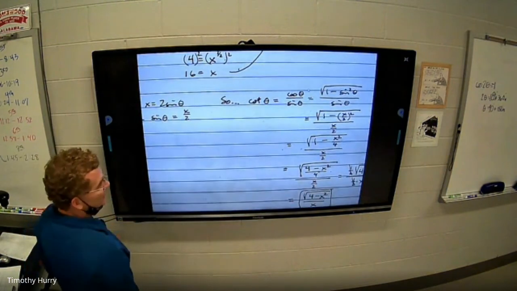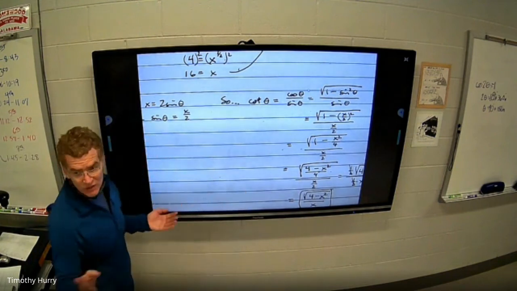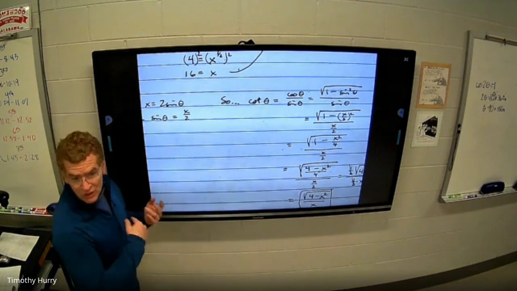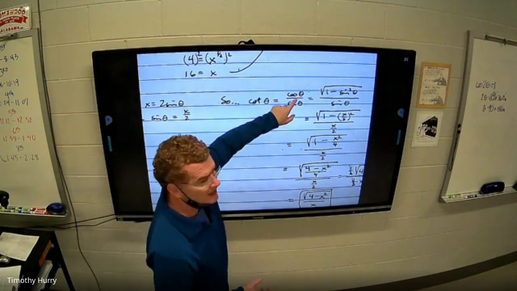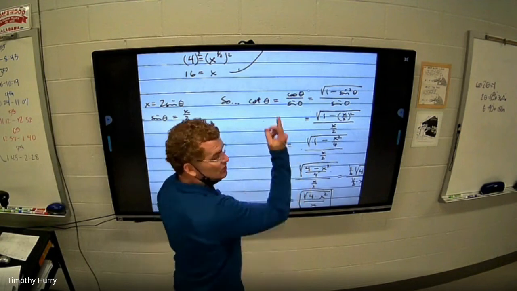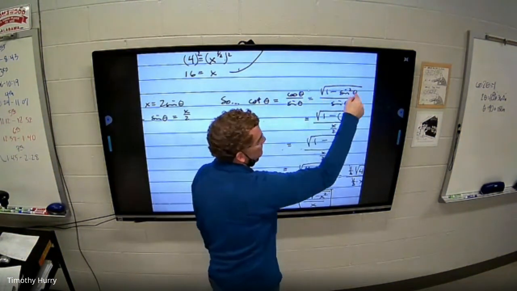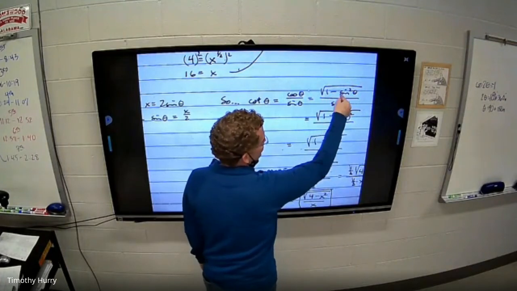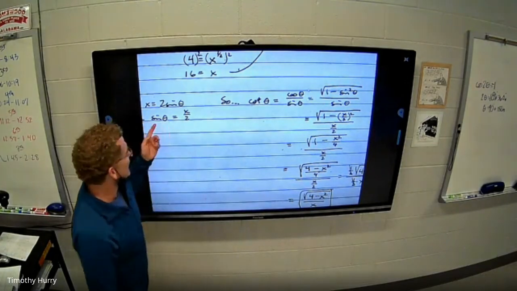So really, if I can write it in terms of sine, which I can, cosine over sine. And then I use the Pythagorean identity, which was cosine squared plus sine squared equals 1. I subtracted the sine squared and took the square root of both sides. So that's the cosine value. That's the sine value. And now I have everything in terms of sine, and I can just put x over 2 in there.